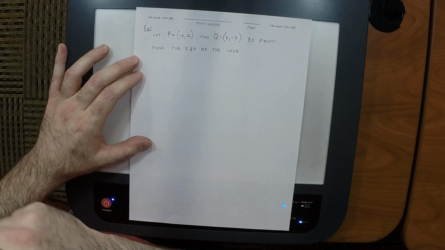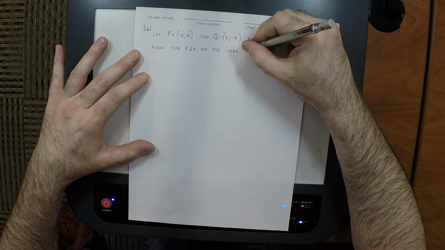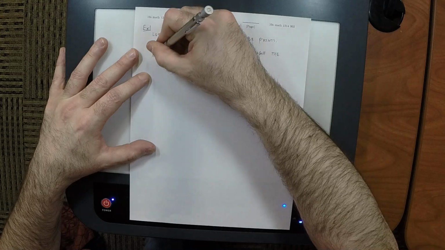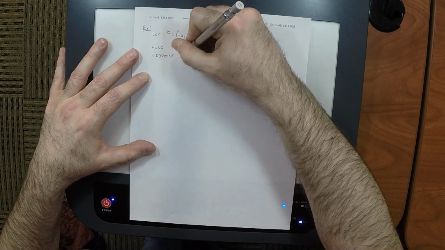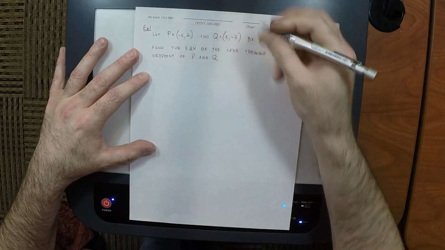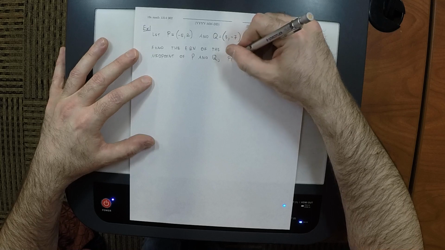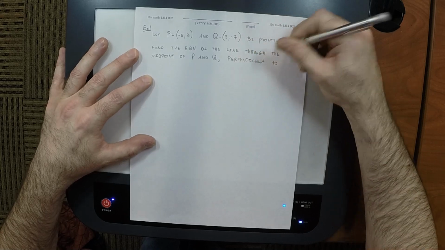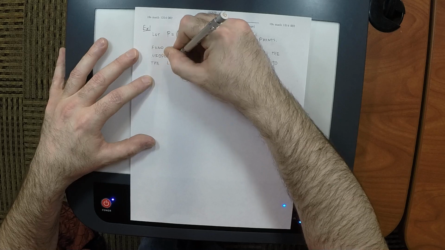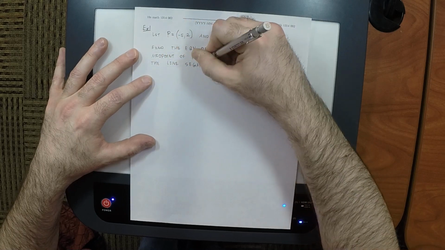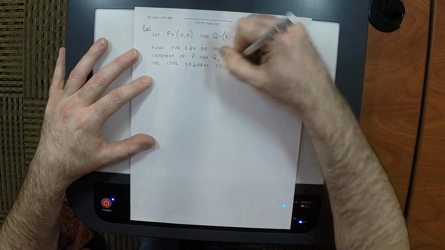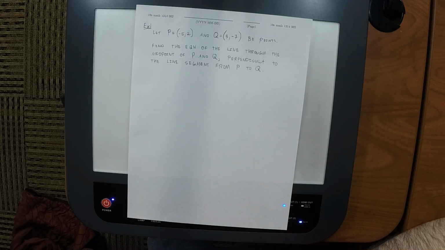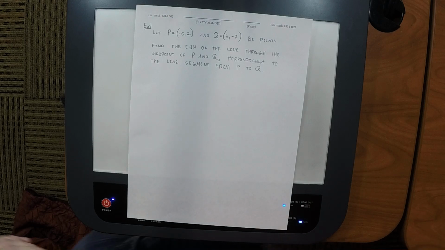Find the equation of the line through the midpoint of P and Q, and it needs to be perpendicular to the line segment from P to Q. Okay, so a description of the line that we're looking for. All right.